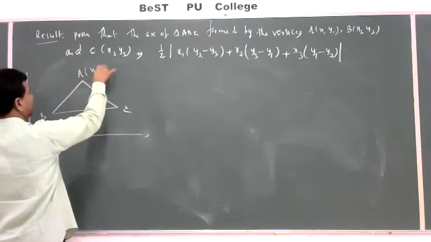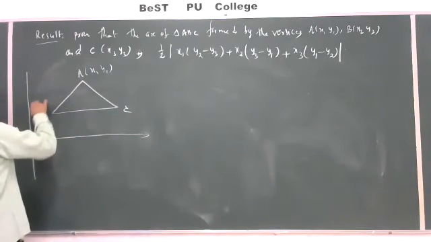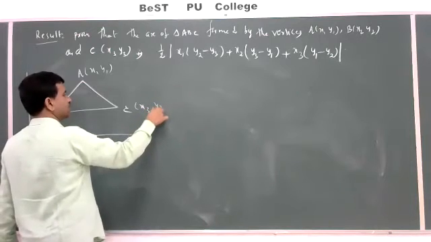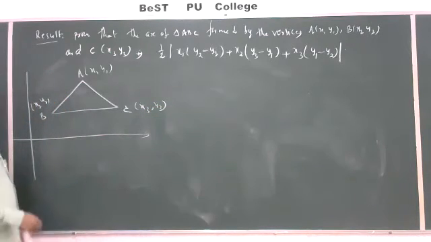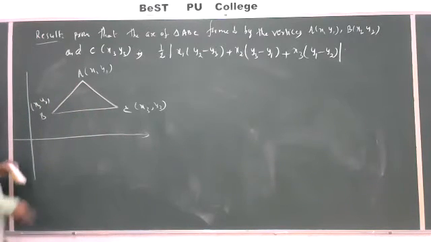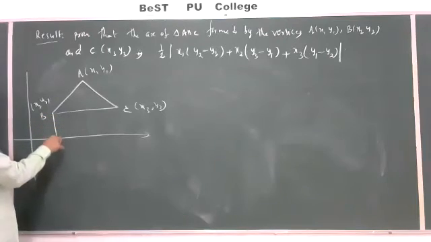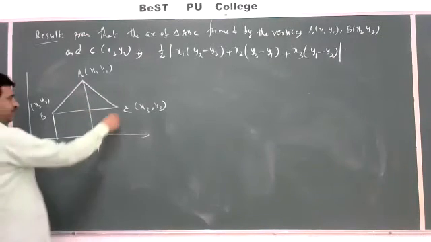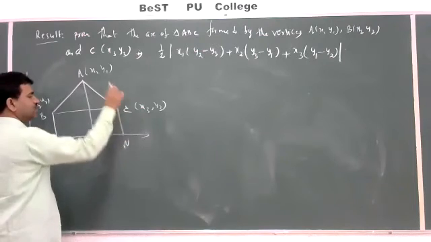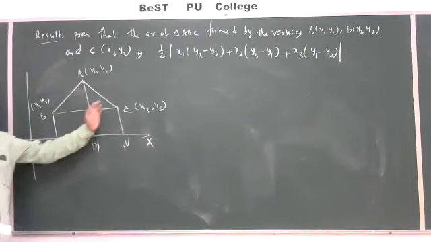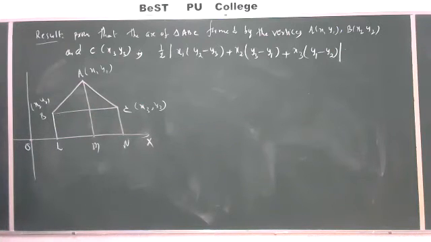A(x1, y1), B(x2, y2), C(x3, y3). First listen to me, afterwards you can draw the diagram. So we require this triangle ABC area. So draw BL perpendicular to the x-axis, AM perpendicular to the x-axis and CN perpendicular to the x-axis. Take the triangle ABC first.